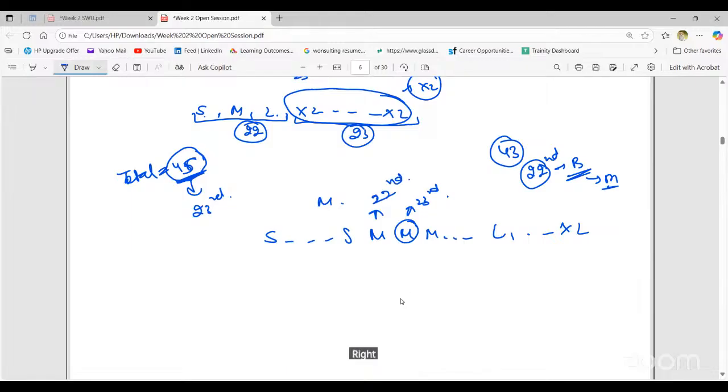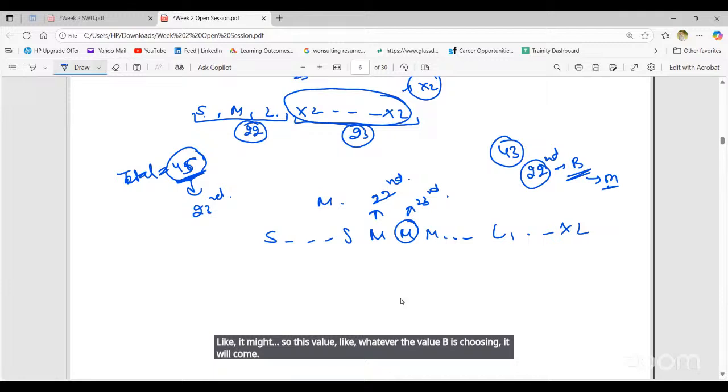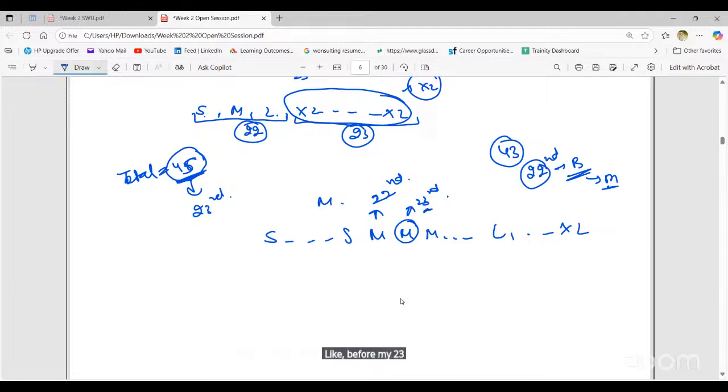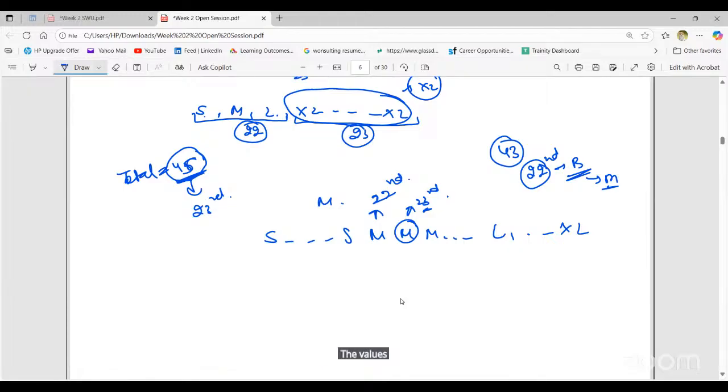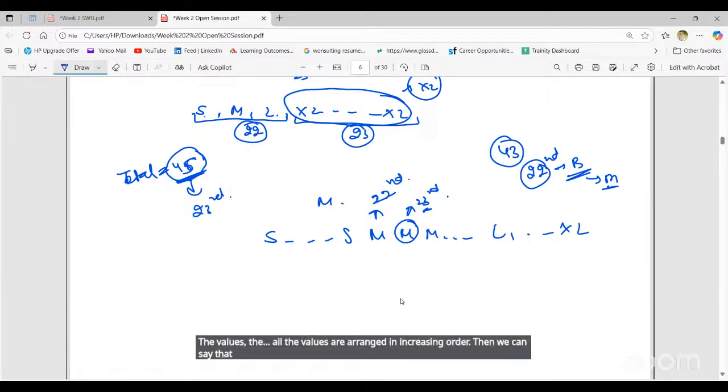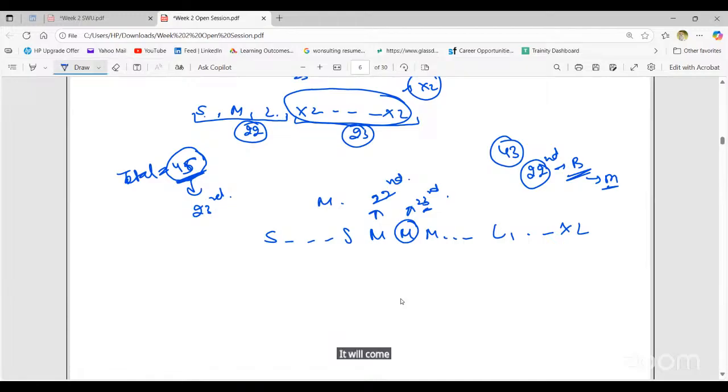So let's suppose my 22nd value is M. Whatever the value B is choosing will come before my 23rd only. If we arrange all the values in increasing order, then the size that B is choosing will come before the 23rd.